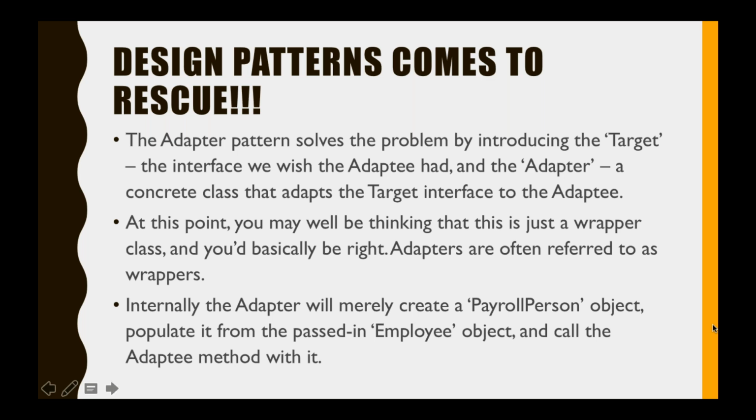That is the objective of an adapter. It will convert the employee data to the payroll person object, so that the payroll person update method can be called. You can think of it as a kind of wrapper written on top of my employee object, where it tries to convert my employee object to the payroll object.